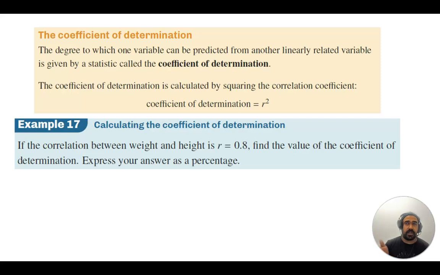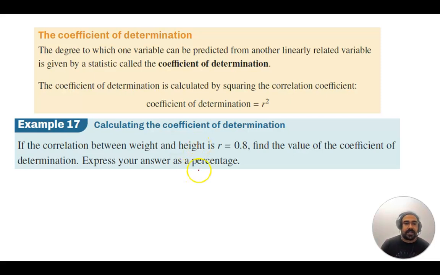So linearly being a keyword. And this is given by a statistic called the coefficient of determination, and it's calculated by getting your R value and squaring it. So the math behind it is actually quite simple. It's the interpretation of what this number actually means. It's going to take you a while to wrap your head around it. So let's just do the math part for now.